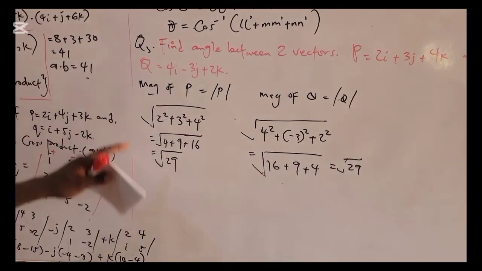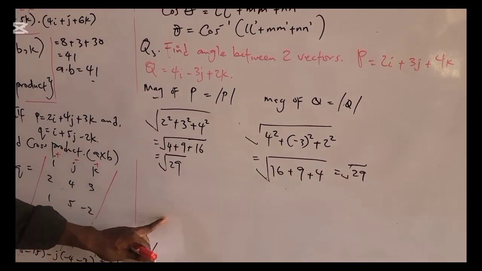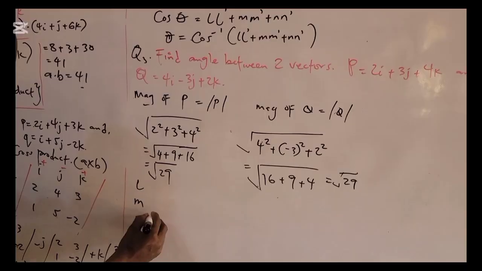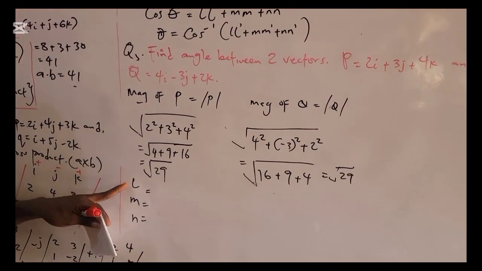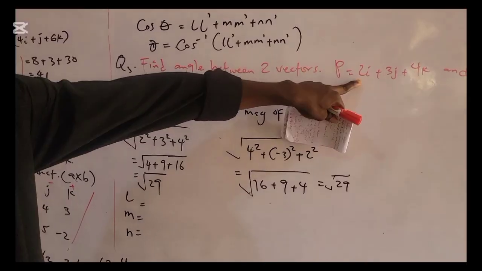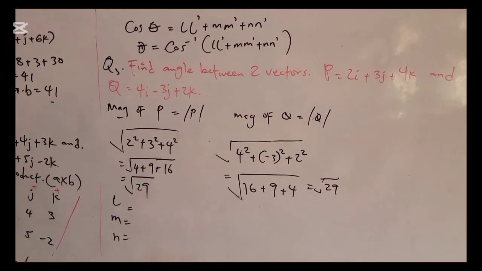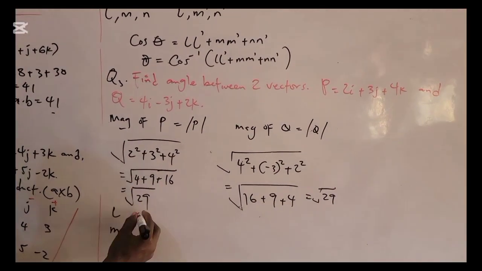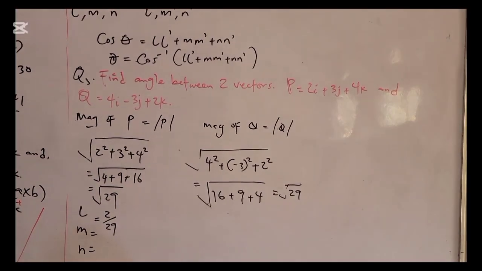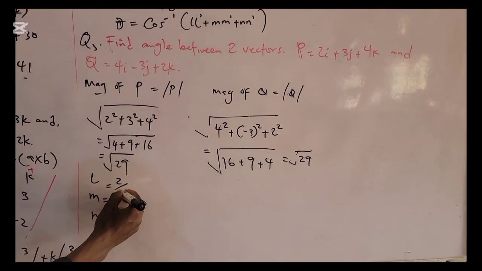Now to get l, m, and n for this side. Remember, what's the formula for l? It's going to be a over the magnitude that we got. Our a is 2, so we have 2 over root 29.